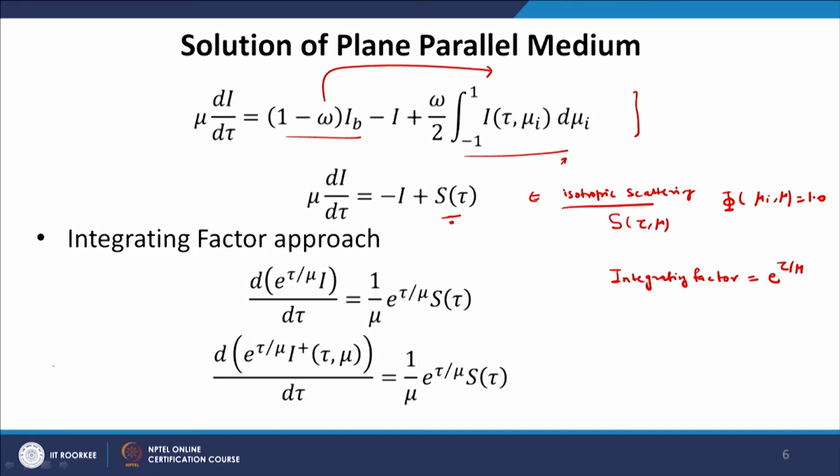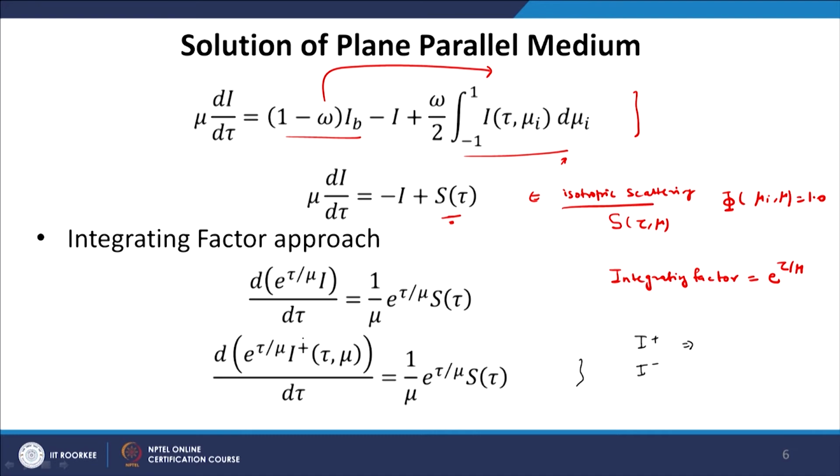So, with this integrating factor we multiply, and we see that the differential equation is transformed to the form here, d of e power tau by mu I over d tau is equal to 1 by mu e power tau by mu S tau, and we can split this intensity, as I said, in two parts, I plus and I minus. I plus is intensity moving upward and I minus is intensity moving downwards. So, we are interested in finding the solution of I plus and I minus separately.